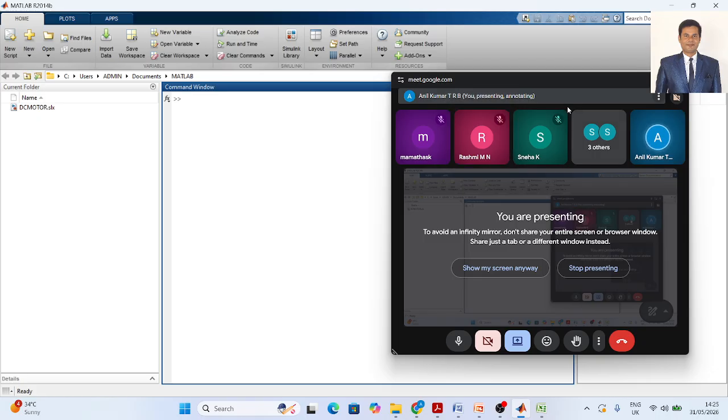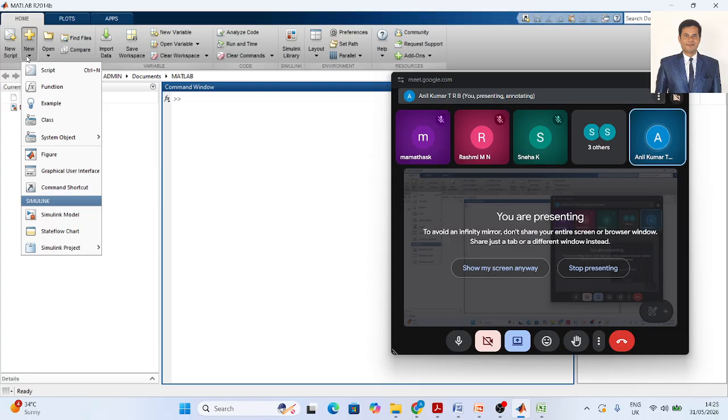So try to open your MATLAB. Okay, you have opened it? Yes, sir. Okay, try to go with the new. You have gone there? Go to the new Simulink model.